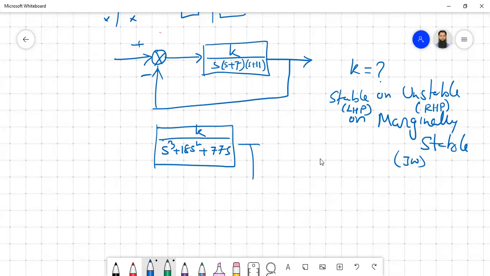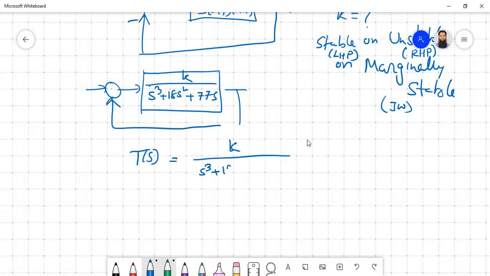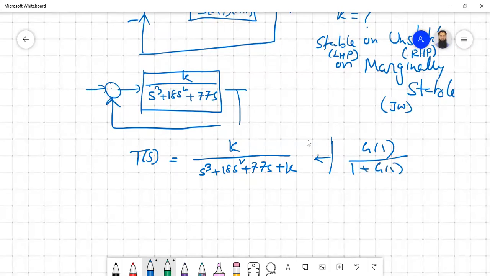Now with that one, we also have feedback. So a simple formula, just the denominator will be added with K. So K by s cube plus 18 s square plus 77 s plus K. Okay, so this is coming from this formula, G(s) by 1 plus G(s) H(s).